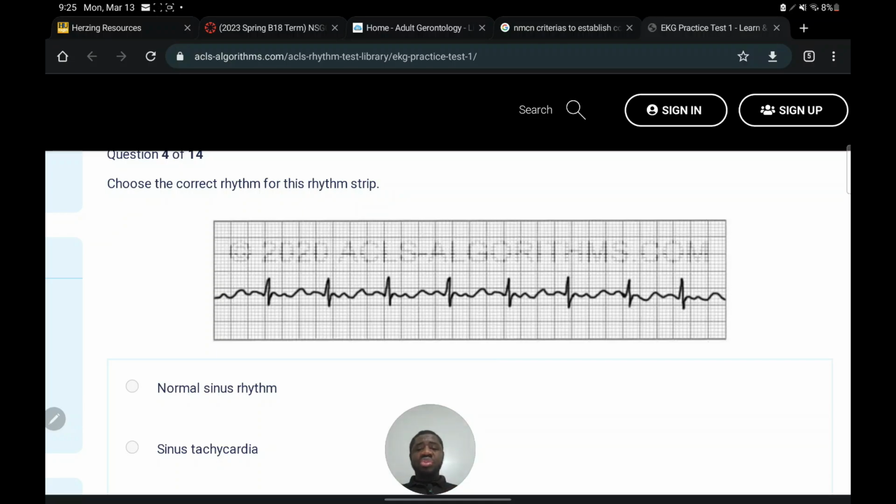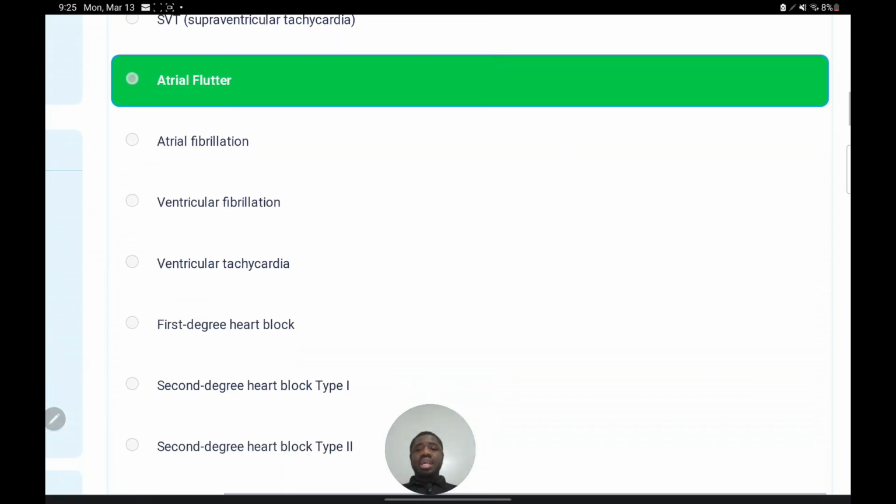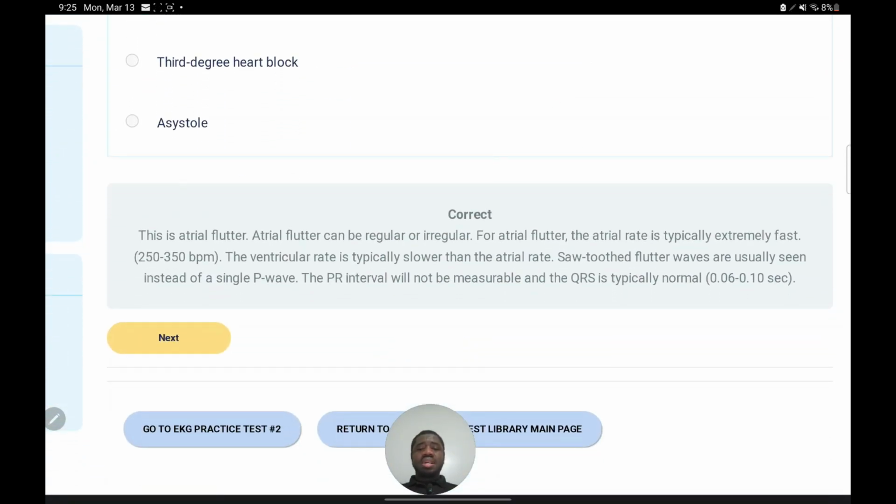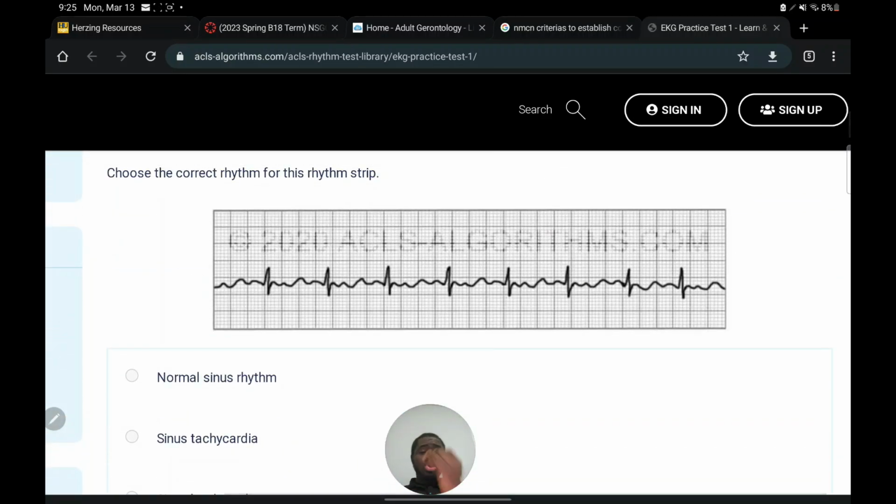As you can see from the answer here, atrial flutter can be regular or irregular. This graph shows a regular atrial flutter.